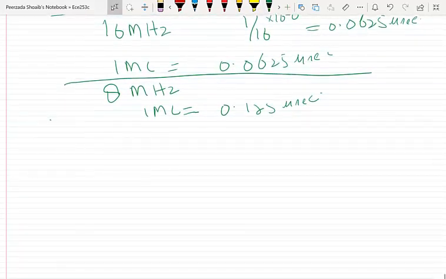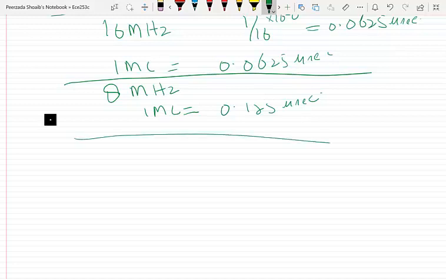Now, as I have already said, the total time taken by an instruction to execute will depend upon the number of machine cycles that instruction takes, and also on the crystal frequency connected.